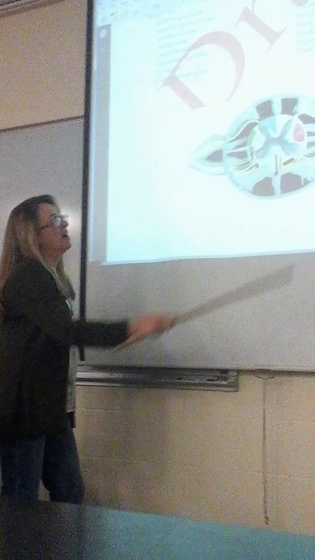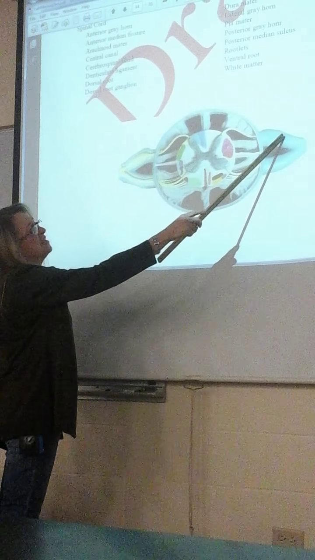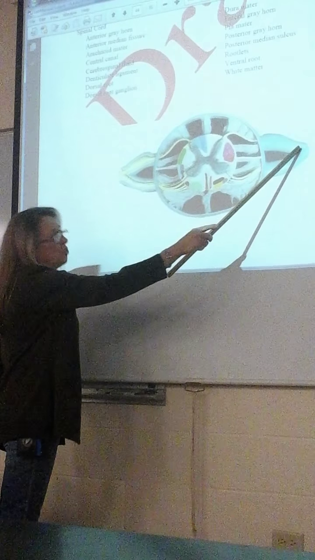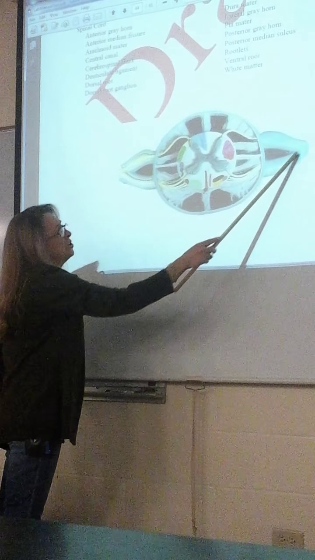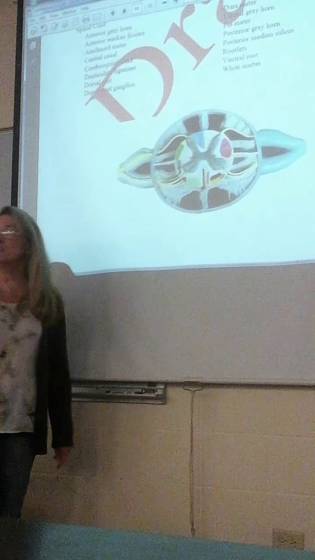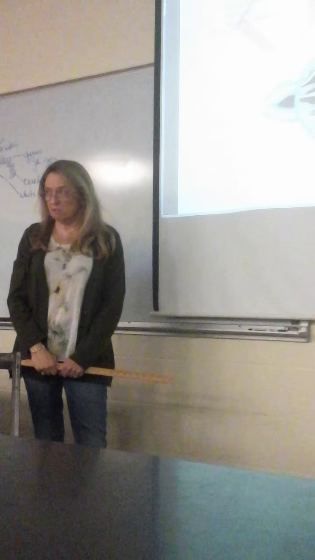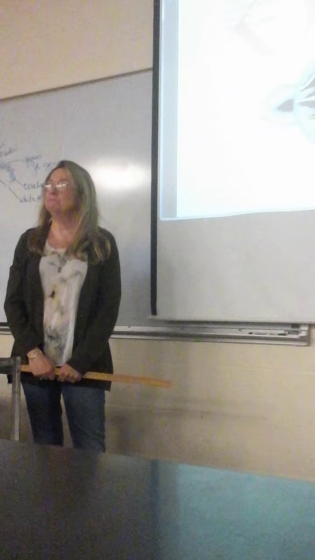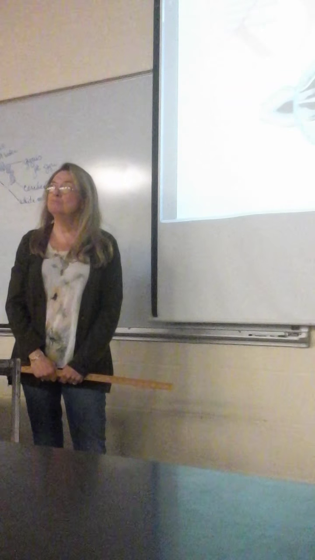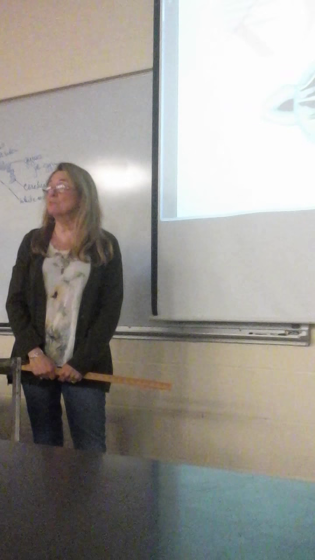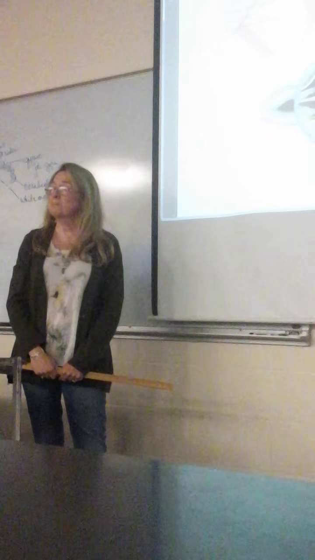Now, if I just had a sticker right here and asked you to identify this, what would you say that is? The dorsal root. So what is this one going to be? The ventral root. Now, we know that there is a ganglion in the dorsal root, and this is a ganglion for sensory neurons. The ganglion has cell bodies of sensory neurons.